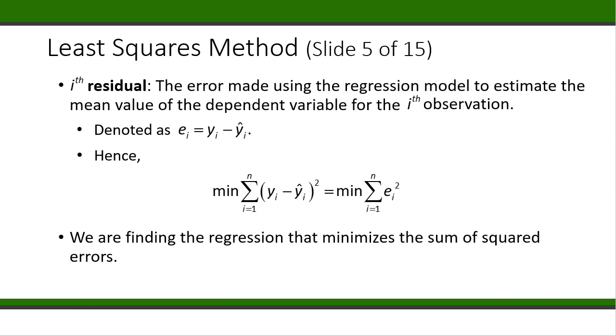So if we were looking for a particular observation, we could find its residual. That particular observation was represented as the ith observation. So the residual E sub I is equal to y sub I minus y hat sub I. Y sub I is your actual value that you had, and y sub I hat, that little caret on top, is what your equation predicts.